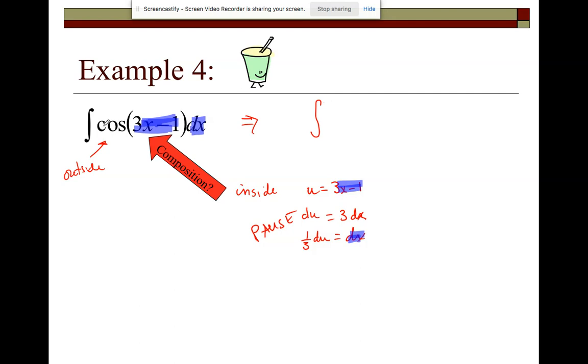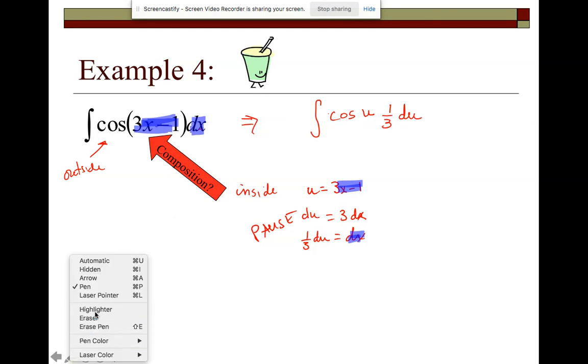Everything has been highlighted except for cosine. So the integral of cosine of not 3x minus 1, but what 3x minus 1 is called. Replace dx with 1/3 du. Osmosis the 1/3 to the outside. Bother.